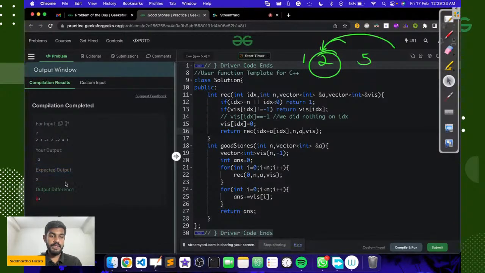Your output is -3, and the output is... First we would process each one of them. Sorry, this would be i. Now just compile and run again.